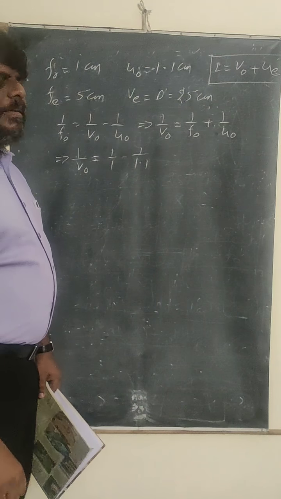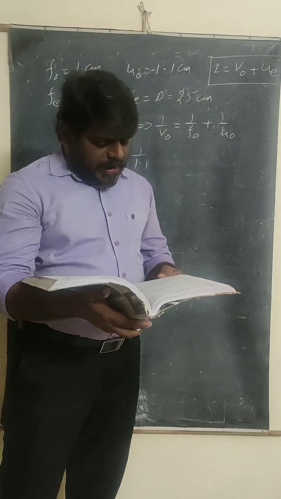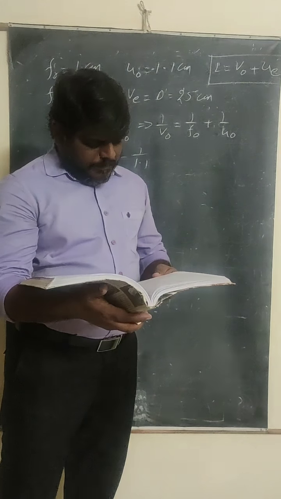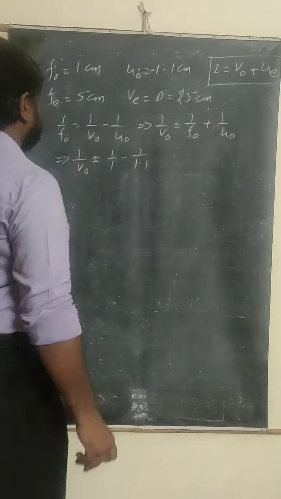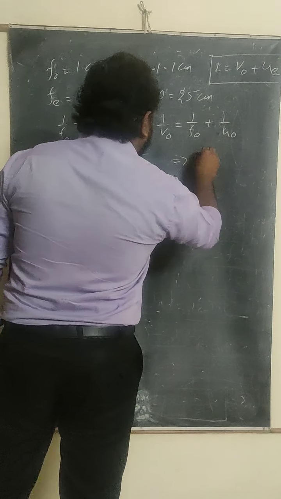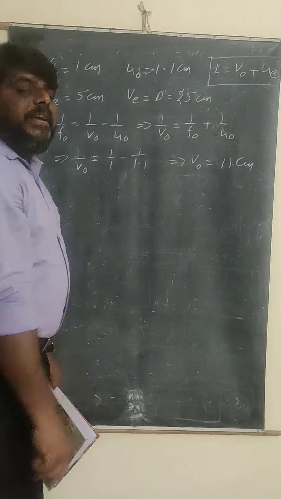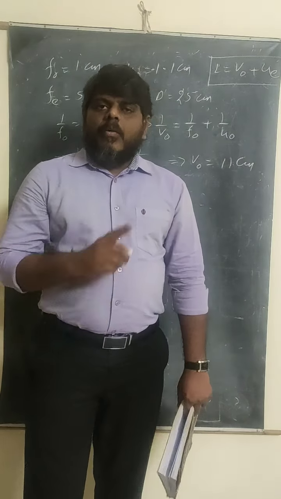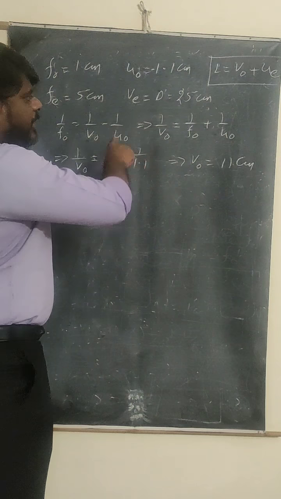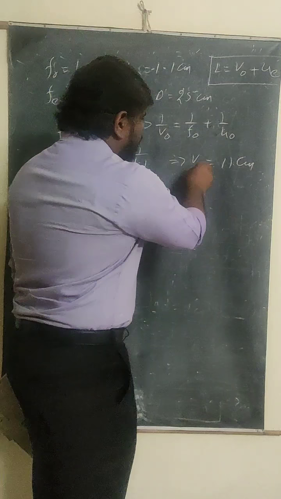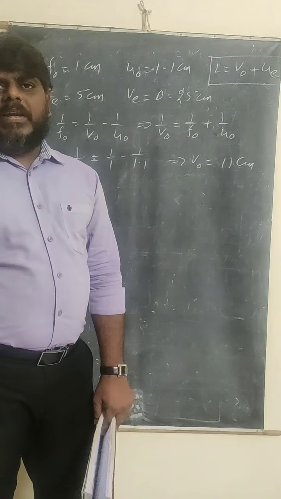If you simplify this, you get the V naught value as 11 centimeters. So V naught is equal to 11 centimeters. And this V naught is a positive value, why? Because the object is placed on the left hand side and the image is formed on the right hand side. So V naught is equal to 11 centimeters. One part is completed.